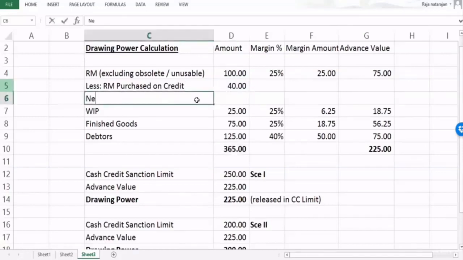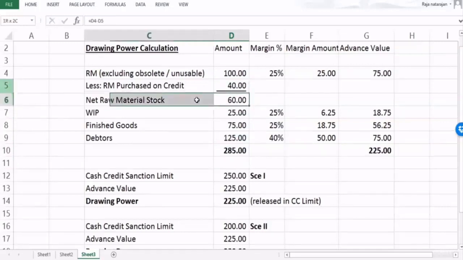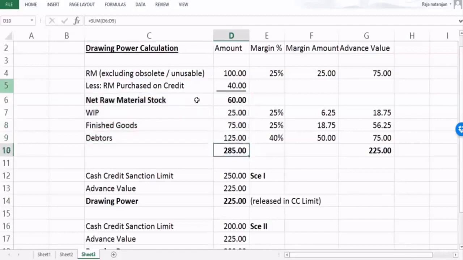It means the net raw material stock which I should consider is only 100 minus this 40, that is 60. So here when I total, it should be only these four, because this is the net figure. And with this net we should add all the four.